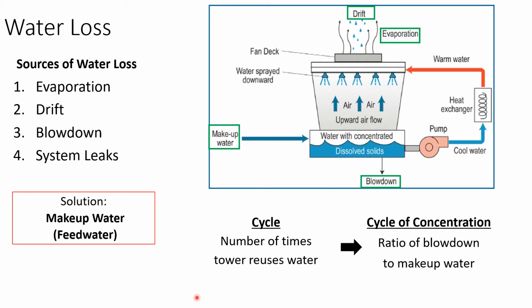Makeup water is pumped into the collection basin as needed to compensate for the losses from evaporation, drift, blowdown, and leaks. To minimize the costs associated with using makeup water, operators want to recycle the processed water as much as possible. Most cooling towers can cycle their process water 2 to 4 times, but some can be reused up to 8 times.